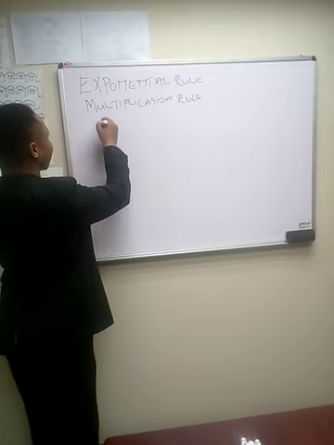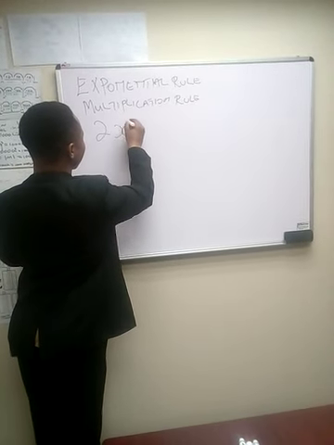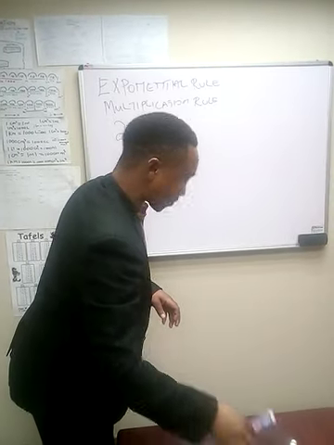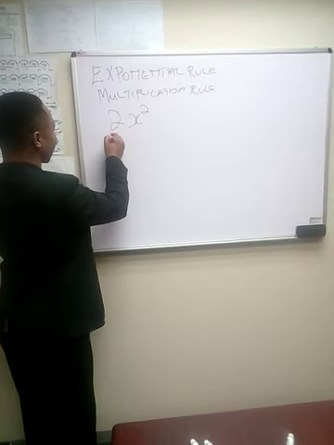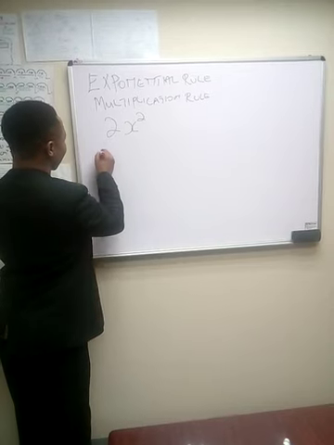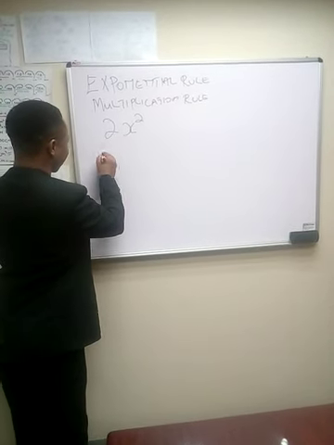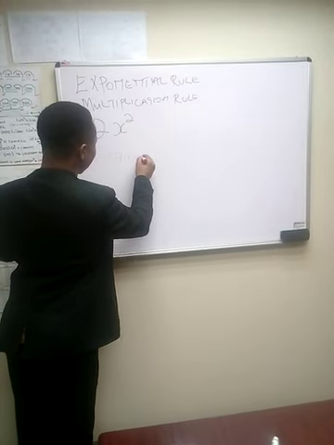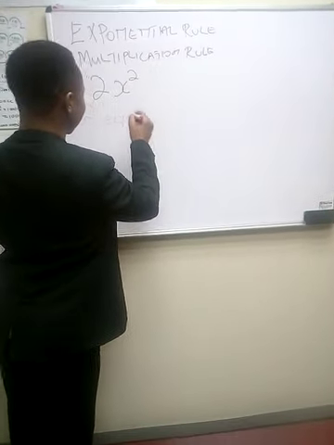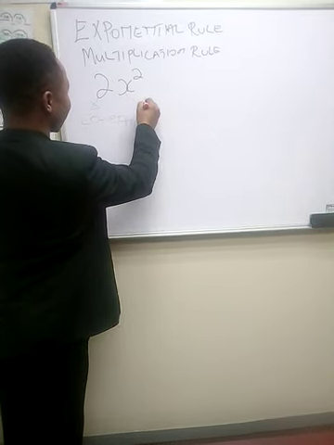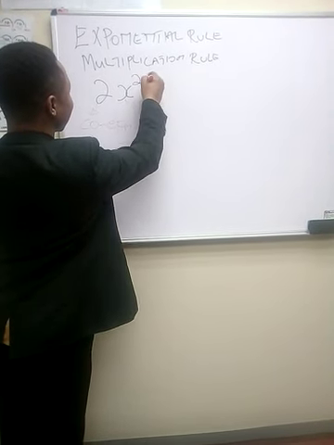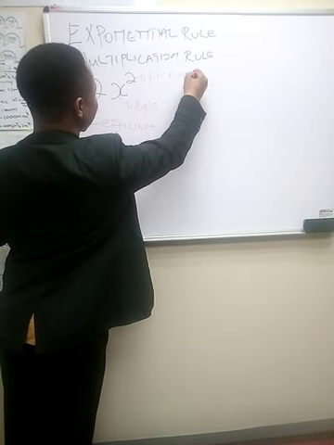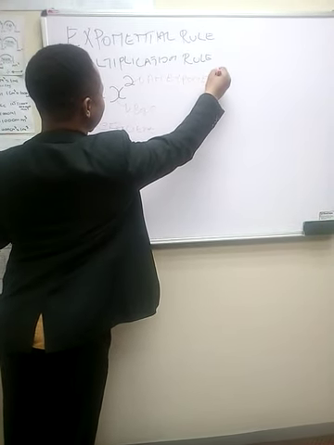Let's say, for instance, we have 2x squared. When we have 2x squared, we know this one is the coefficient. This one is called a base. This one is called an exponent.